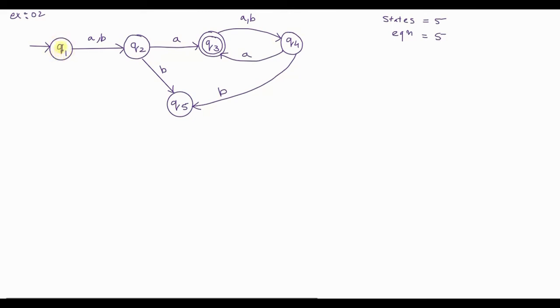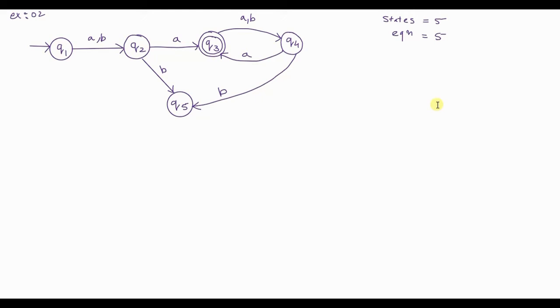However, in this particular example, the final state is Q3, and as a result, you are going to get the final answer in the equation Q3 and not in equation Q1. So without wasting time, let us start.